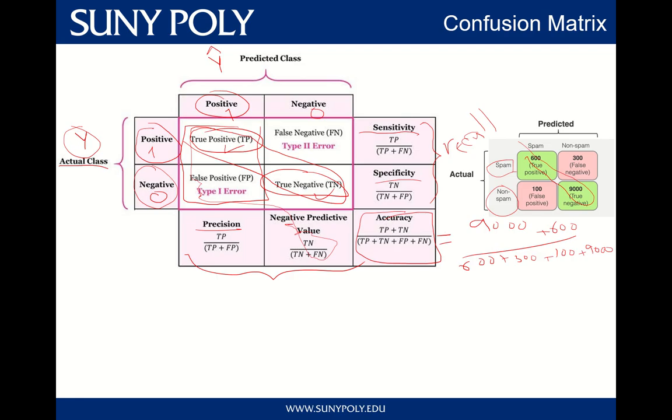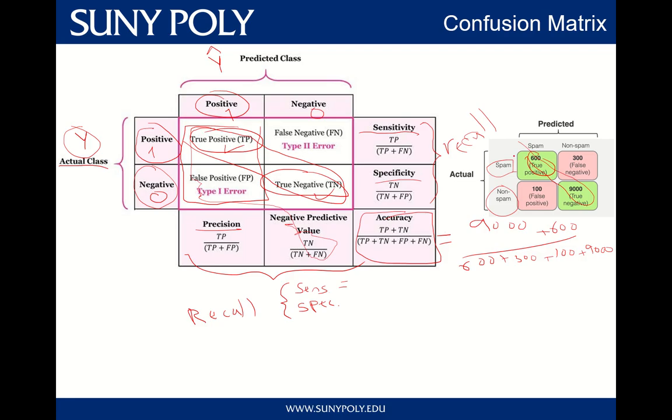And now you can compute recalls. Remember precision and sensitivity. So for the recall, I'm going to find both sensitivity and specificity. For the first one, for the positive, or when it's equal to 1, it's going to be equal to 600, right?